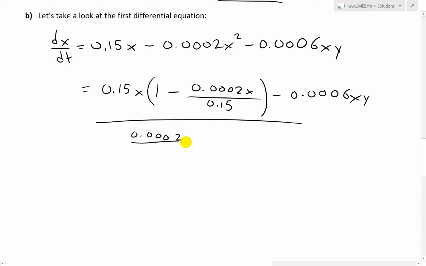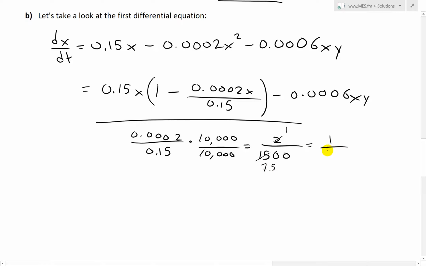It's 0.0002 divided by 0.15. Multiplied by 10,000, for the 4 decimal places, this equals 2 over 1500, and this goes into 1 as 7.5 times 100, so 750.